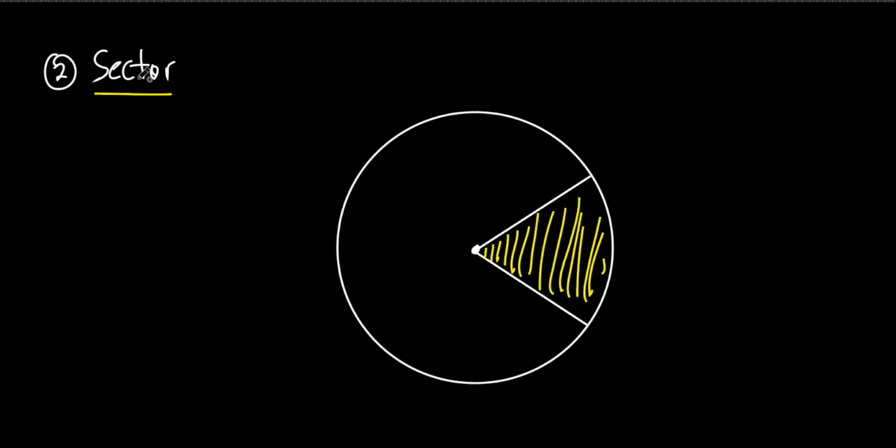Now they give you some fancy definition. It says the region bounded by two radii and the intercepted arc. What is the intercepted arc? Well, I'm glad you asked. I call this A, this B, and this C. Do you see this part right here that goes from this one point all the way to there? That would be considered an arc.